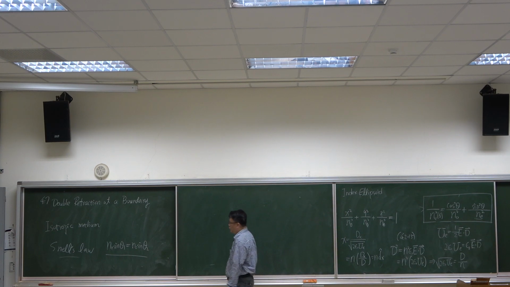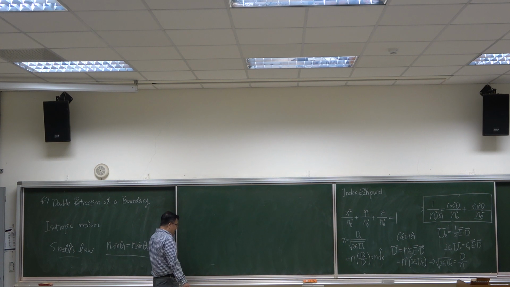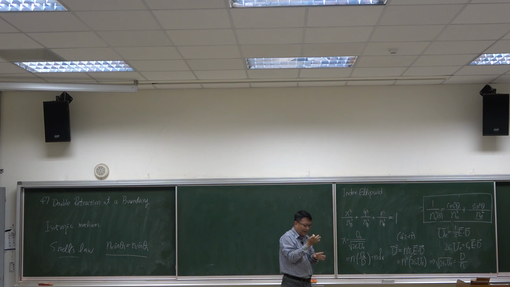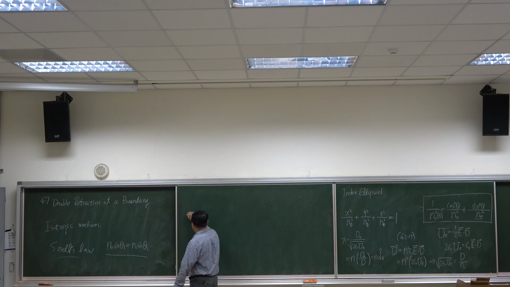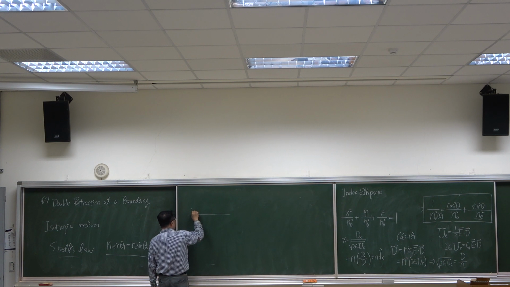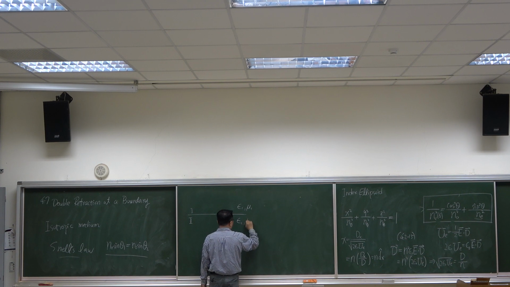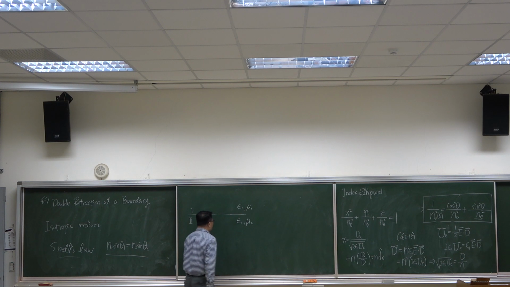Recall that in chapter 1, we have derived the boundary conditions for connecting the electromagnetic fields on the two sides of the interface. Here we have medium 1 having epsilon equal to epsilon 1, mu 1, and the second medium has epsilon equal to epsilon 2 and mu equal to mu 2.